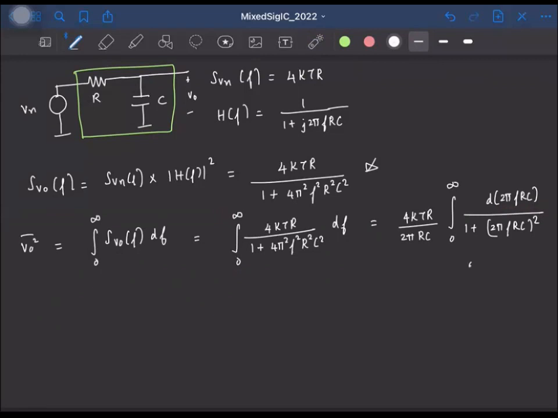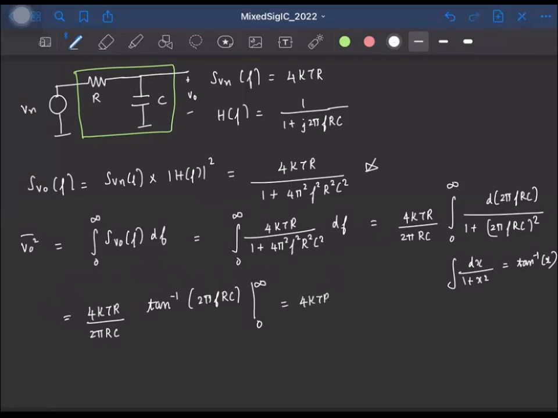And you know, the integral of dx by 1 plus x squared is tan inverse x, right? So this is simply equal to 4kTR by 2 pi RC times tan inverse of 2 pi fRC. And we need to take the limits from 0 to infinity. So when we put infinity, we get tan inverse of infinity, which is simply pi by 2.